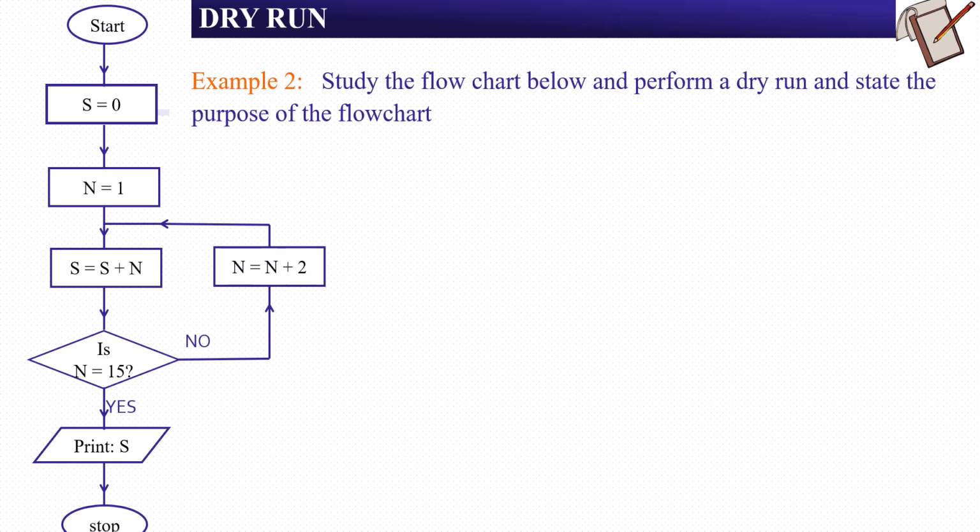So we are going to follow these arrows, and then we draw our dry run. As we said, a dry run will always be in table form. So let me draw the table.